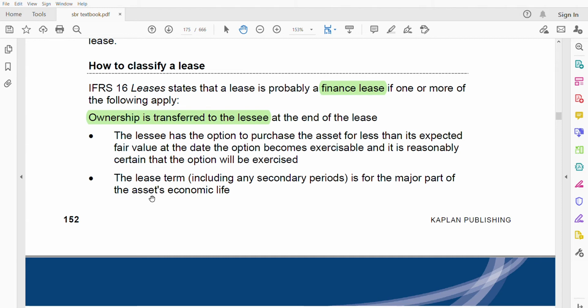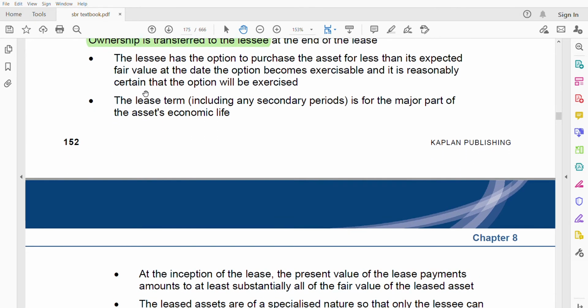Second, the lease term, including any secondary periods, is for the major part of the asset's economic life. What does it mean? Let's say the major part of the asset's economic life was used as a lease.